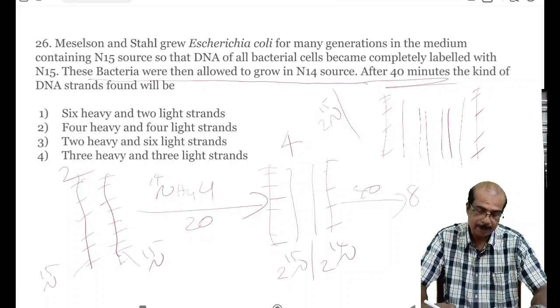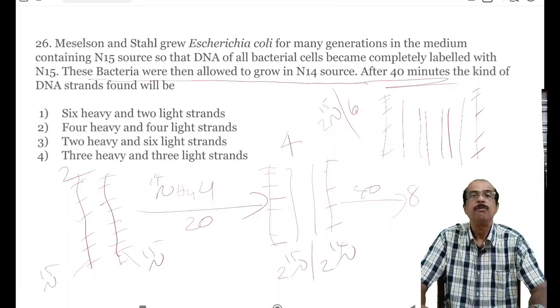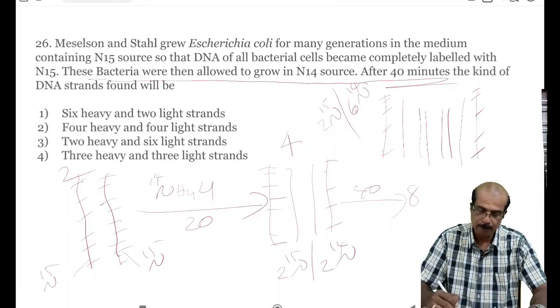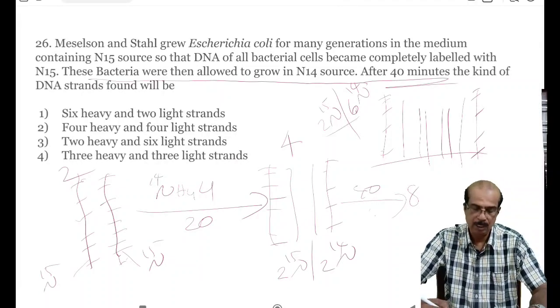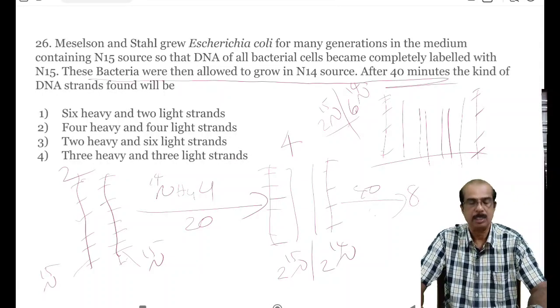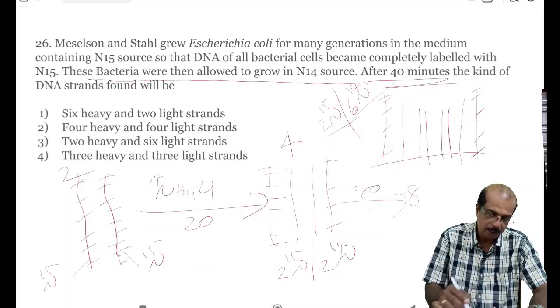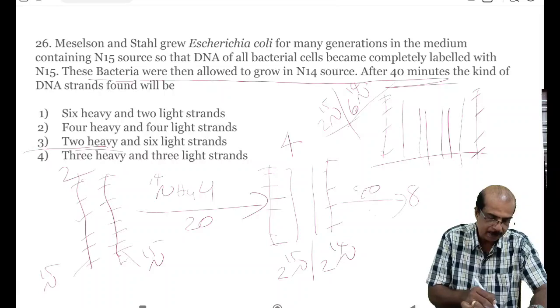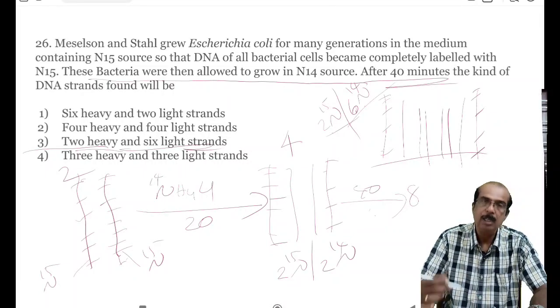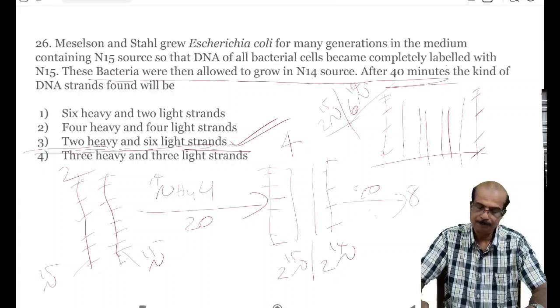They remained as 2 strands only, and 6 strands are N14. Of the 8 strands formed after 40 minutes, 2 retained as N15 and the 6 newly formed strands are N14. What is the answer? 2 heavy and 6 light strands will be there after 40 minutes. Choice 3 should be our answer.